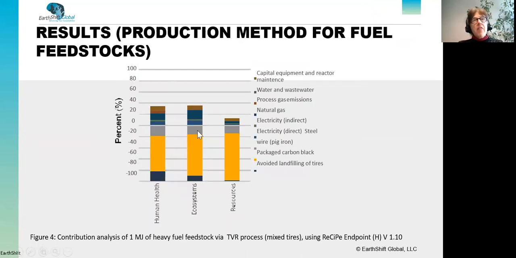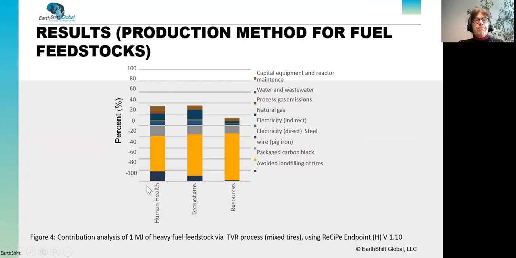We looked at it then as a method for fuel feedstock production. The fuel feedstock that they are producing has a bio-based content because all of those tires have some natural rubber in them, and so it's a mixture of fossil and bio-based fuel feedstock.